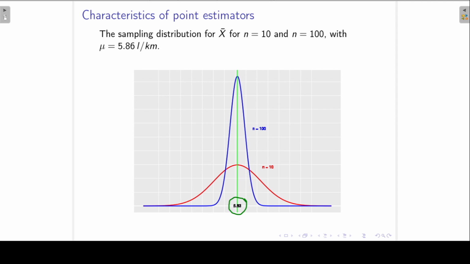Now, in the red graph, we have the sampling distribution of x bar when we work with a sample of size 10. And in the blue graph, we have the sampling distribution of x bar when we work with a sample of size 100. And we can see that the expected value of x bar in both these cases are equal to the unknown population mean mu. And therefore we can say that x bar is an unbiased estimator.